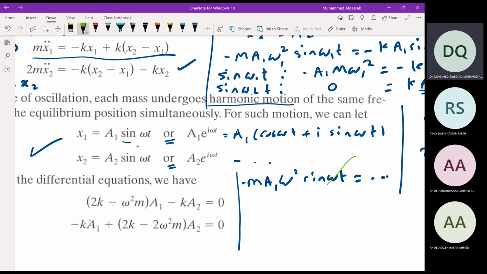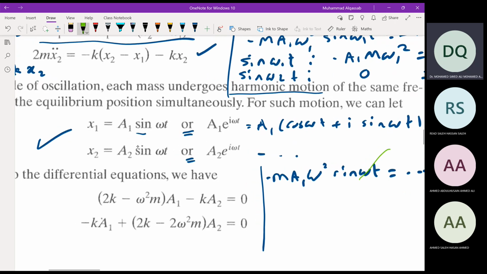And then you can take A1 as a common factor, and collect terms that contain A2. In the second equation, you do the same thing. You start with A1 as the first term, and then A2 as the second term. Those two equations are to be solved together.